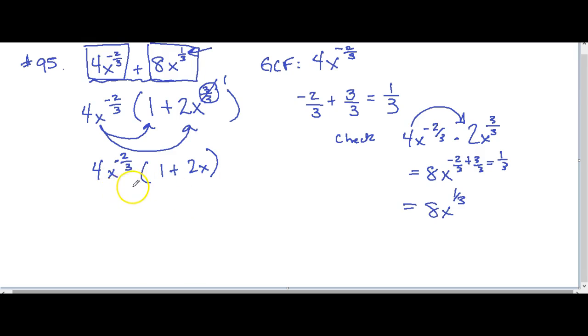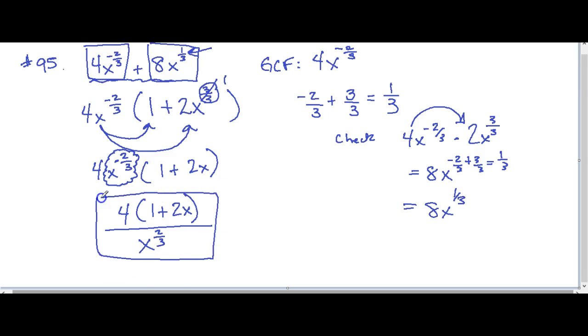And then to simplify this further, x to the negative 2/3 is the same as putting everything over x to the power of positive 2/3, because we like to get rid of any negative exponents, and that's going to leave me with 4 in the answer, 1 plus 2x. And this is the final answer to that question.